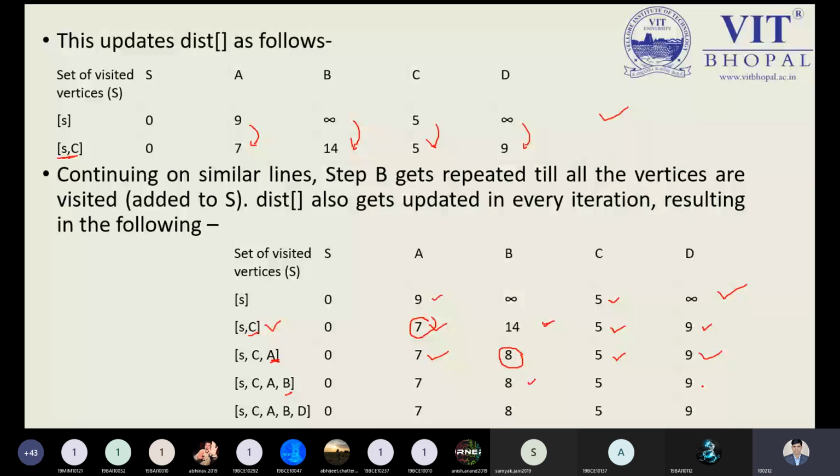Now at the last, after finding that C, B and D have their minimum distance values, there are no more vertices remaining, so we will stop this process. Now we will get this path.